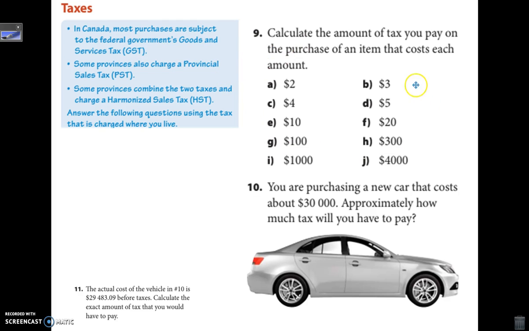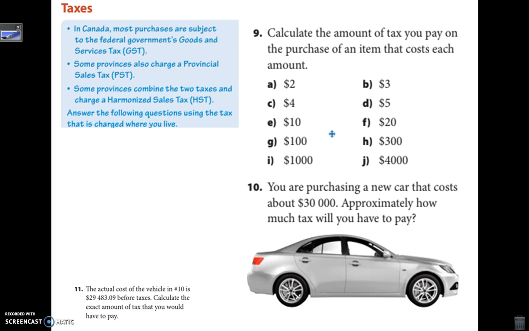You should try and calculate this out. Let's say, for example, we want to find out the tax on $100. What works out really nice with Nova Scotia is you can take 10% of it and then half that and add your 10% and your 5% together.